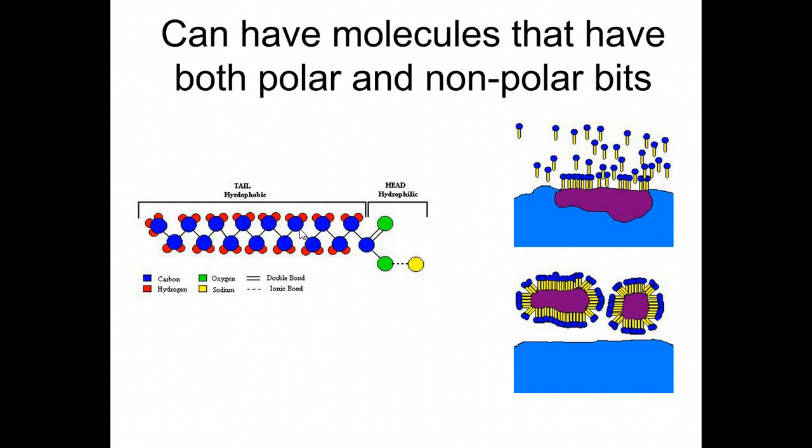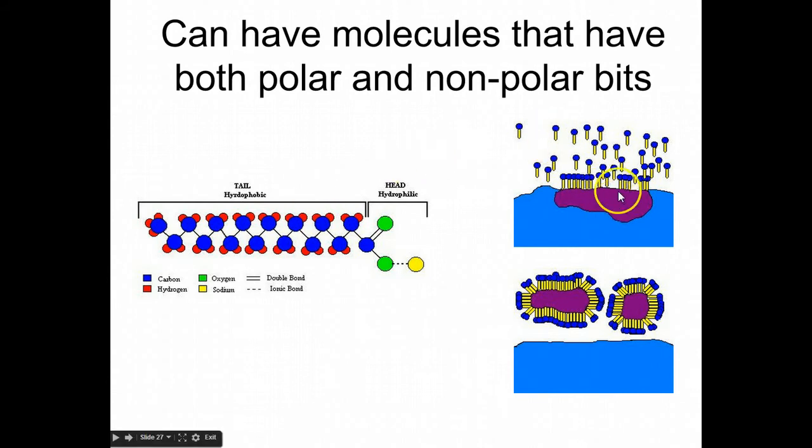Nonpolar. Basically, you just got a chain of carbons. But then at the head end, the top end, you have attached to it a hydrophilic group. So you have an area that is polar and an area that is nonpolar. Okay? So here's the beauty of it.